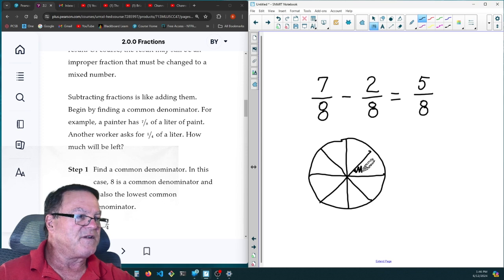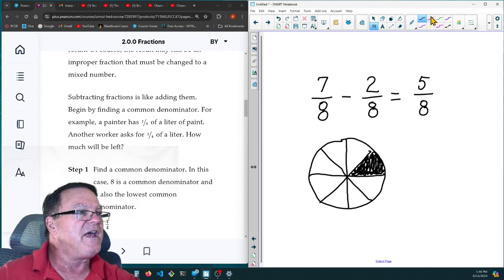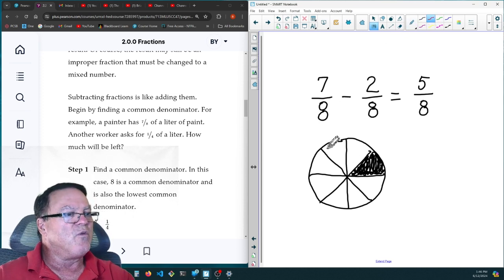So this piece is already gone. Somebody came and they ate 1/8 of this pizza. So there's 7/8. There are 7 pieces of a pizza that had been cut into 8 pieces, and someone else comes and eats 2 more pieces of those 8 pieces.